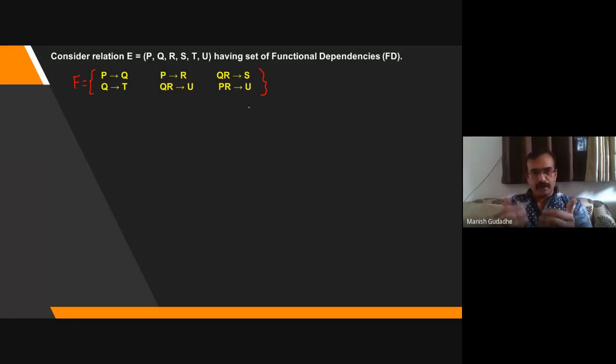So from this we are expected to find out the set of FDs which are inferred because of this, using the Armstrong axioms. We need to find that out. That set which will be inferred from these FDs is called F plus, the closure set.